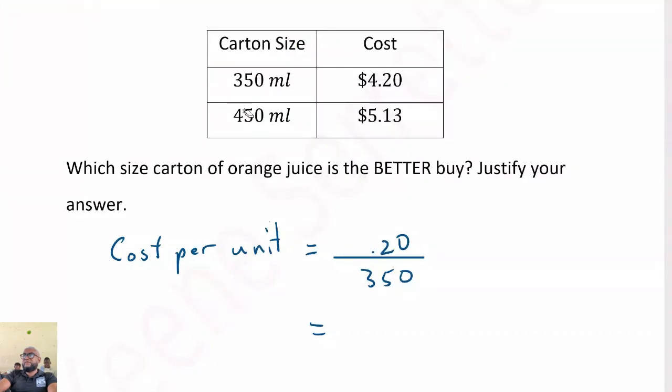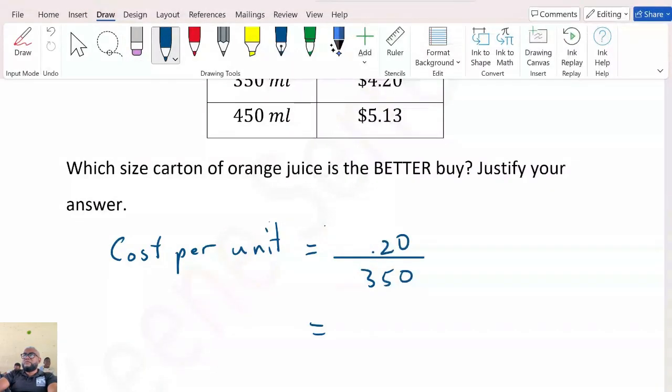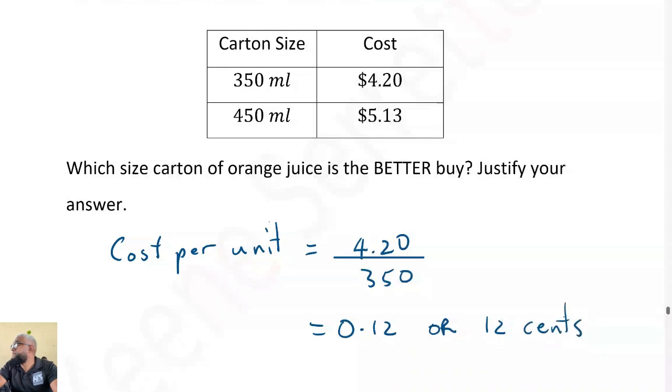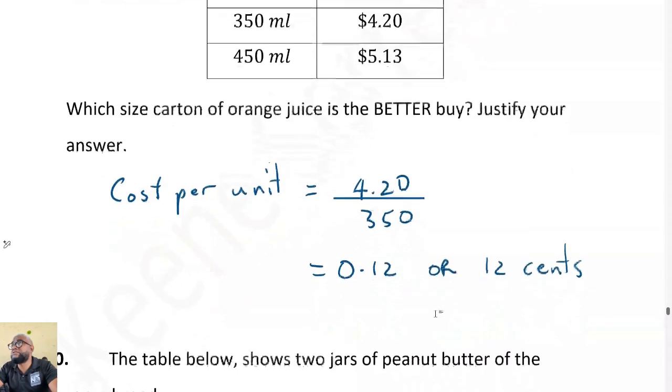What are we getting here? 0.12. Nothing after the 2. 0.012, or 12 cents. That's 12 cents, right? Let me see the cost per unit for the next one.